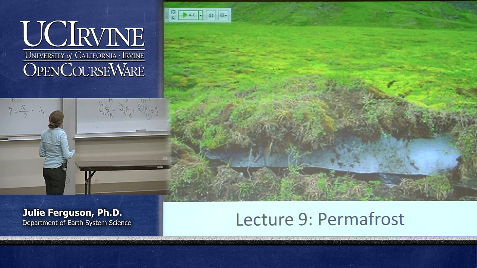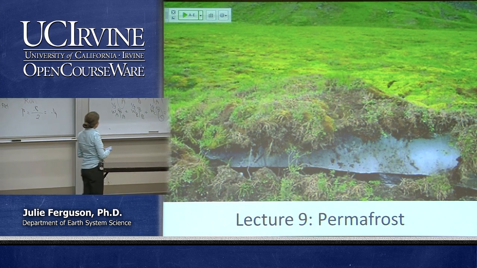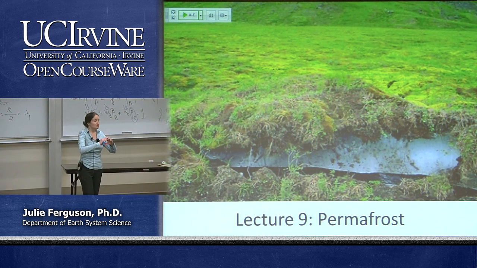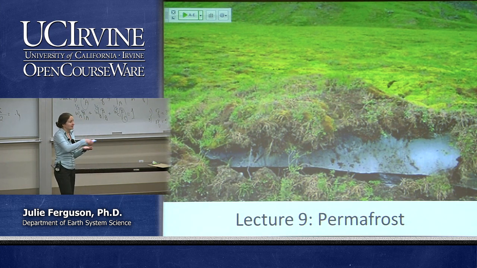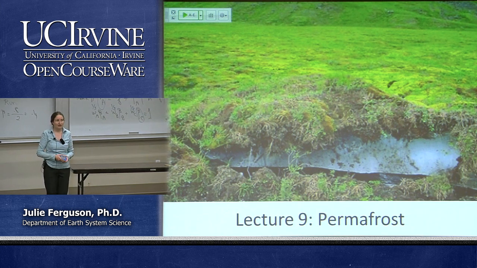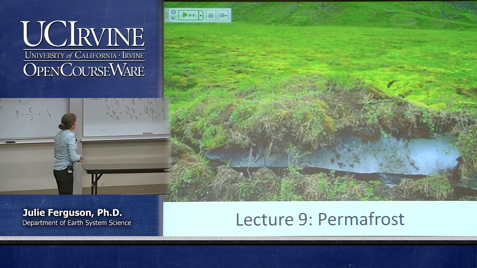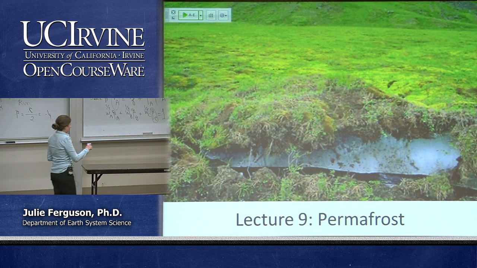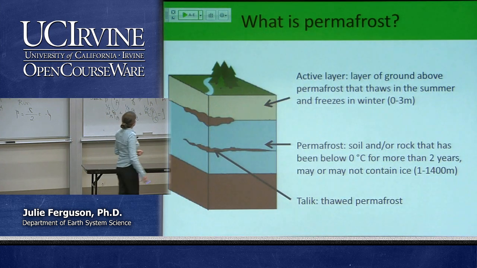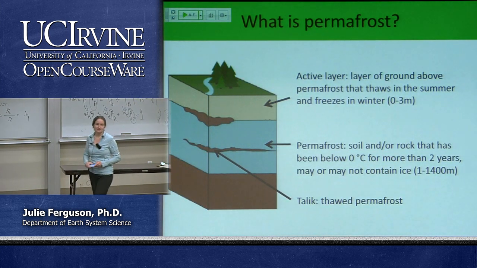This photo here doesn't show permafrost necessarily, but it does show that you can get these big masses of frozen ice as well as frozen soil underneath what looks like nice soil that is growing vegetation. So it's up there, it's underneath a lot of our high latitude land area. So it's worth understanding.